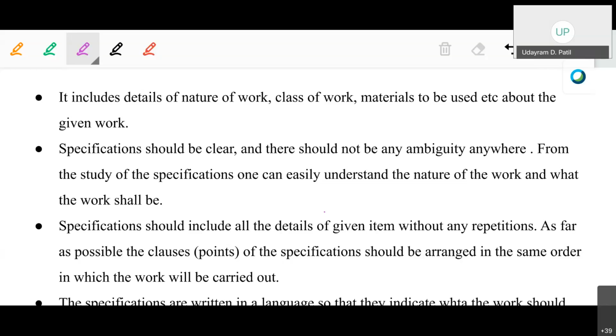So the specification should be clear so that the contractor will understand it. Okay, if I write some specification by my own mind, then that will not be clear to the particular contractor or the estimator. If he doesn't understand, there is no use of our specification. Therefore that specification should be clear, as well as there should not be any ambiguity anywhere.